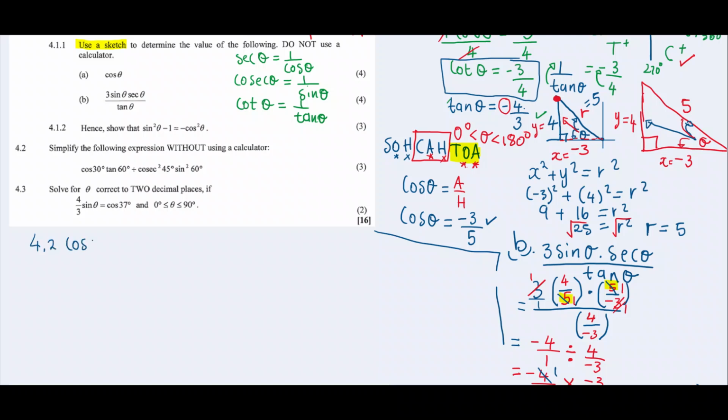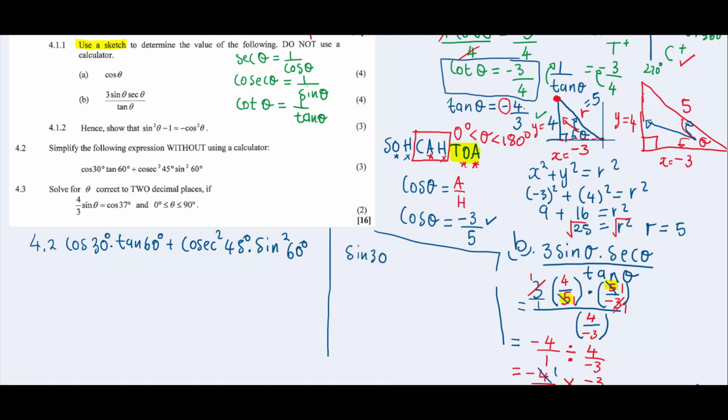So let's quickly do 4.2 and 4.3. So 4.2 here, we have cos of 30 degrees times the tan of 60 degrees plus the cosec square of 45 degrees, which is the same as 1 over sine square of 45 degrees.